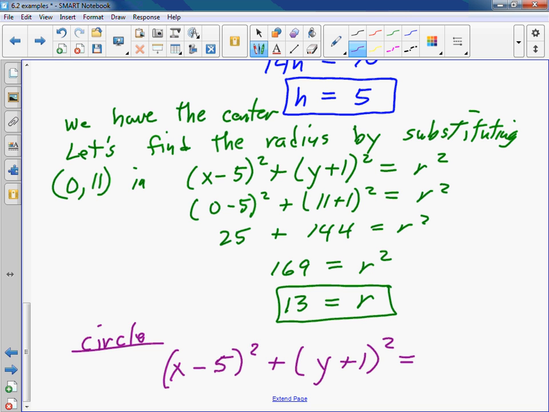Say it. No, equals 169. Be careful, because remember, it's equals r squared. Okay, so it's 13 squared. That's major. Whoo, man. That is a beautiful problem. Beautiful problem.